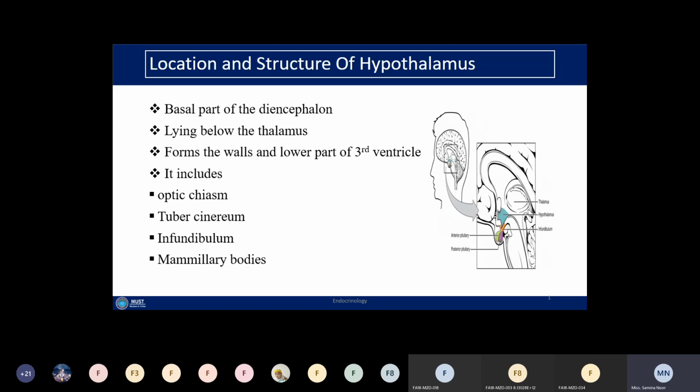The hypothalamus is the basal part of the diencephalon, or the forebrain. It is located just below the thalamus, as its name implies, and also lies just above the pituitary gland.